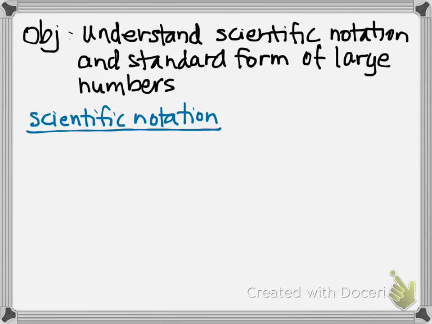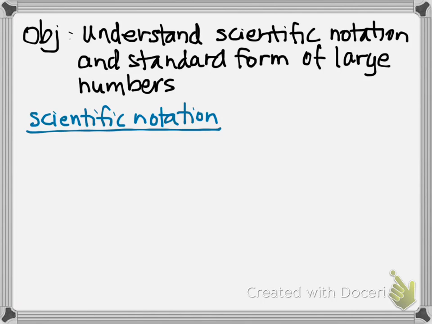Jacob? It involves like science? It involves science. Again, this was a strategy that scientists use because scientists are faced with very, very large numbers and very, very small numbers. And in order for them to, like he was saying, instead of having all these zeros and making a lot of mess on a paper or trying to communicate with people, it is far simpler to do it in this kind of abbreviated fashion. Okay?